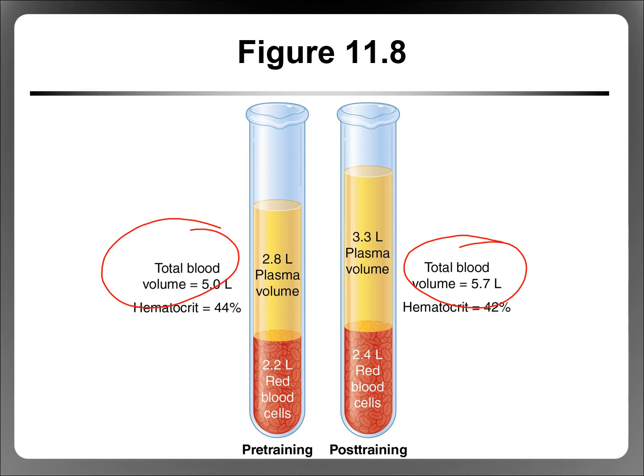So again, we are making more blood because it has to get to the capillaries and the veins and get to all the working muscles as well as the skin. And then we see an actual increase in the number of red blood cells going from 2.2 liters to 2.4. However, when we have these big changes in volume in addition to red blood cells, our hematocrit percentages may change slightly, and we may even see a very slight decrease.